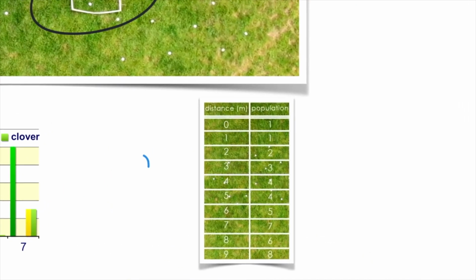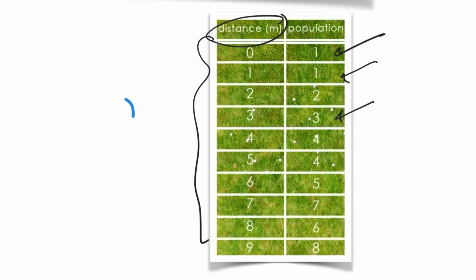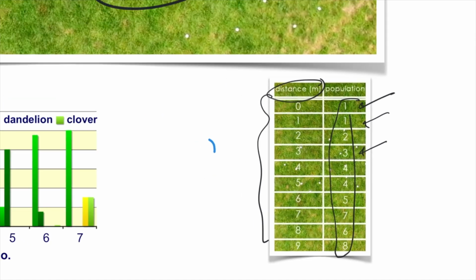And what he's doing here, simply, is he has a table of distance in meters versus the number of plants or whatever organism he is interested in. And you can see here we have a steady increase in the population size as we walk along this mini garden or habitat.